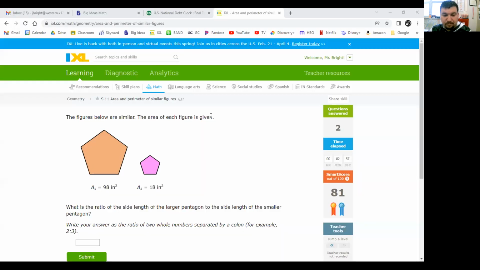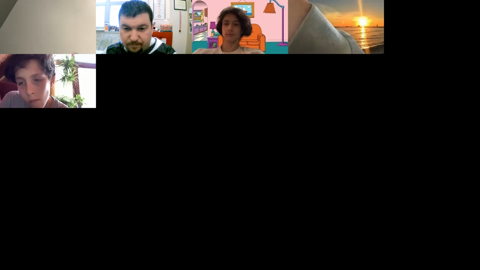So for this one, and maybe I can use the whiteboard here in a second. It says, what is the ratio of the side length of the larger pentagon to the side length of the smaller pentagon? Okay, so that's again left to right. So it says 98 over 18. So now I'll use my whiteboard because I have to know what numbers those are. So it was 98 over 18.